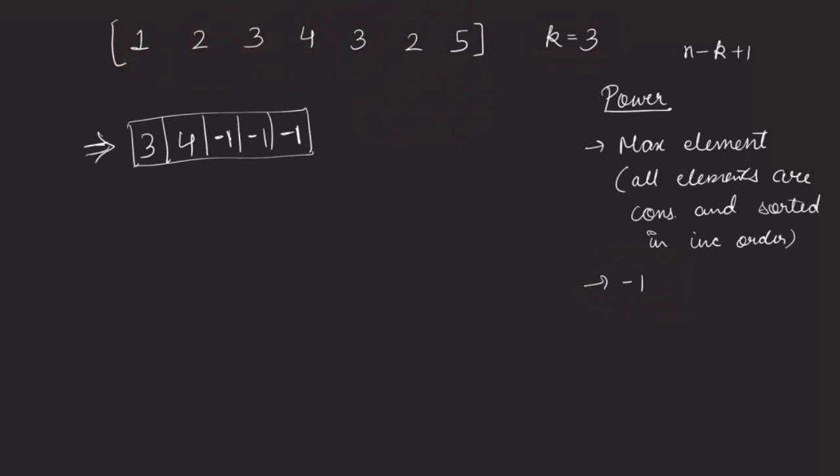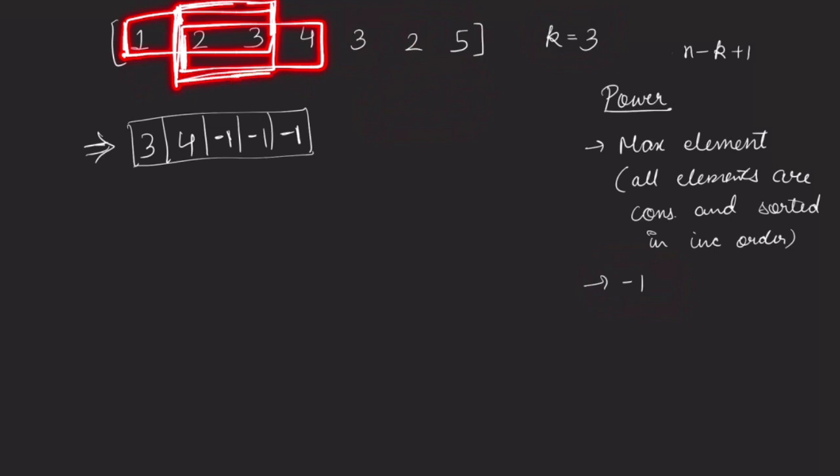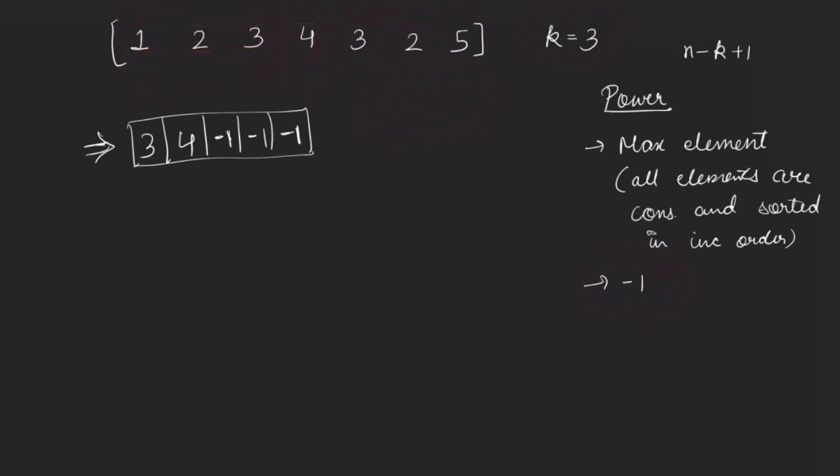So when I am moving from this subarray to this subarray, these elements are common. So if these two were consecutive for the previous subarray, then these two will be consecutive for the next subarray also. So I only need to check whether this 4 is now consecutive with this 3 or not. If this 4 is also consecutive, then this entire subarray will be consecutive, right?